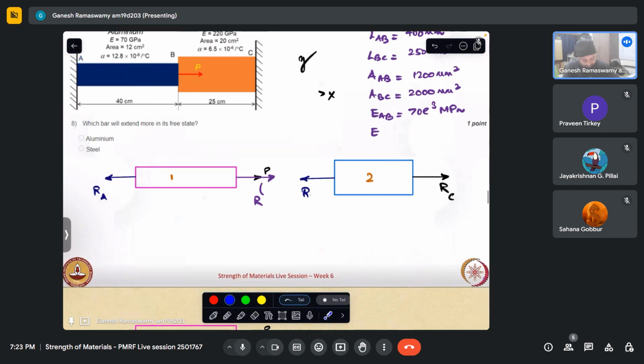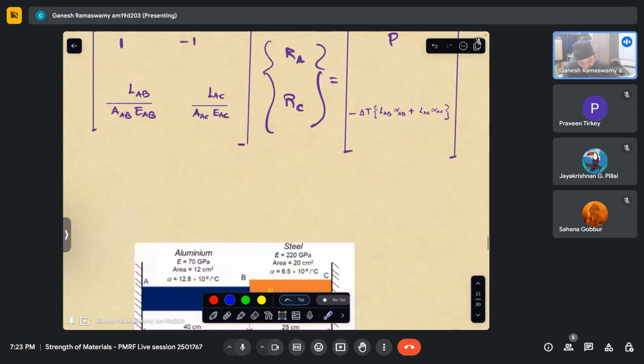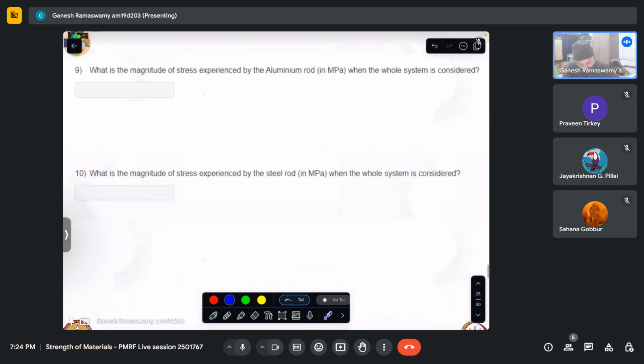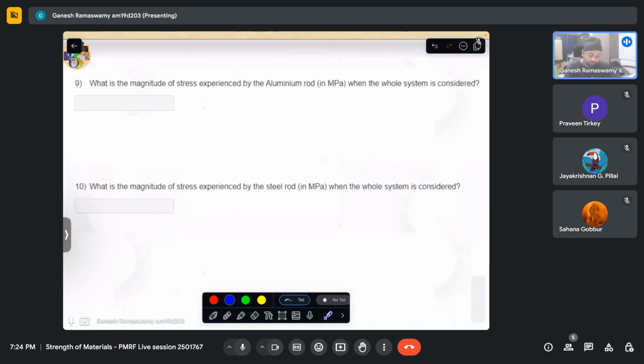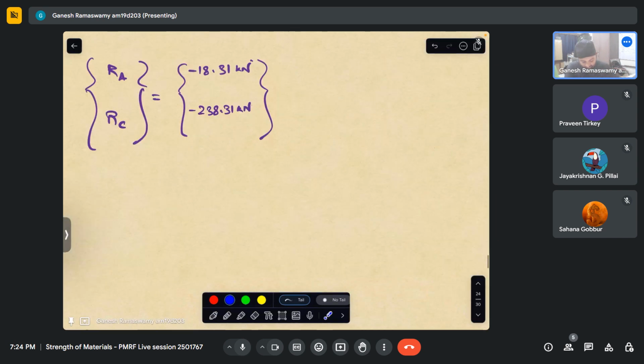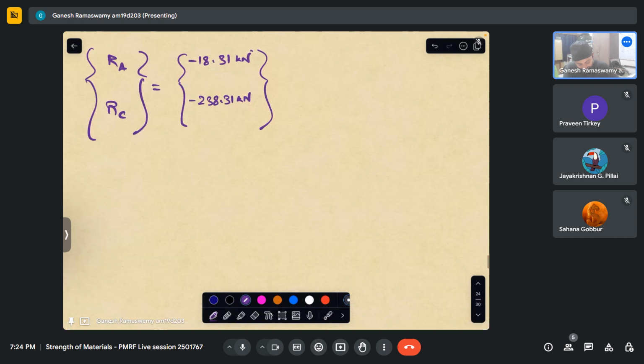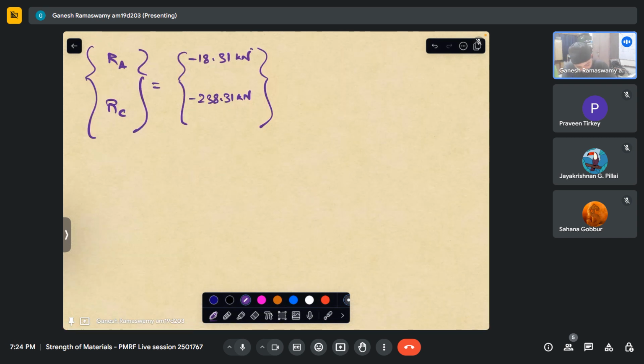Now that we have solved for the reactions, let us look at the question. What is the magnitude of stress experienced in the aluminium rod when the whole system is considered? Whole system meaning the pull is applied, and over and above that the heat is given. In this case RA is minus 18.31, so rod AB is subjected to minus 18.31 kilonewton force.